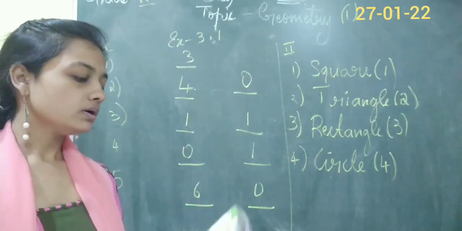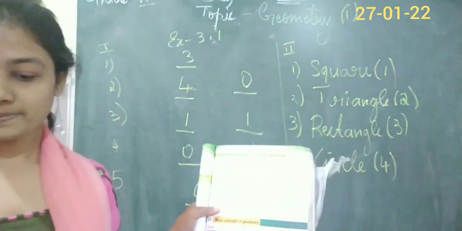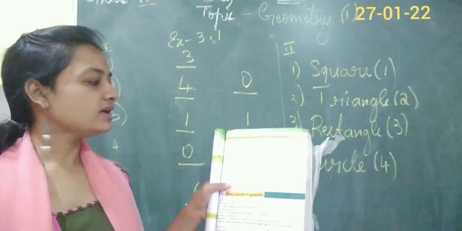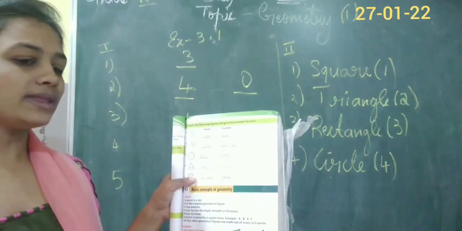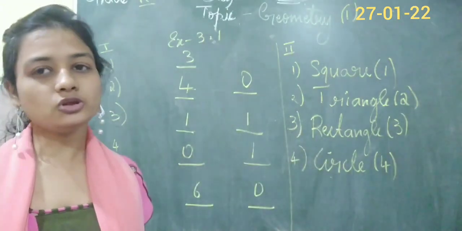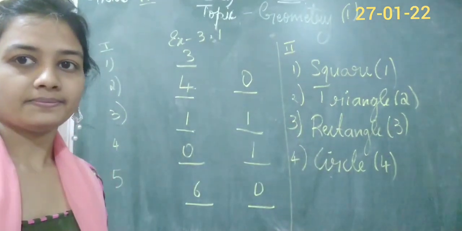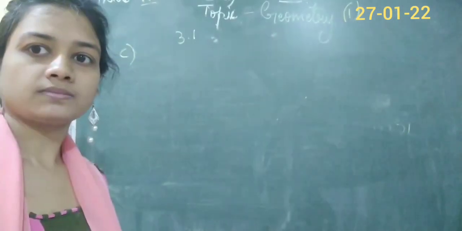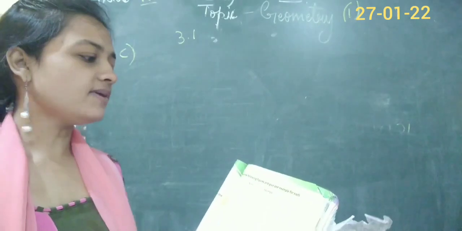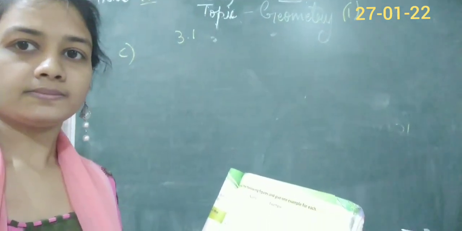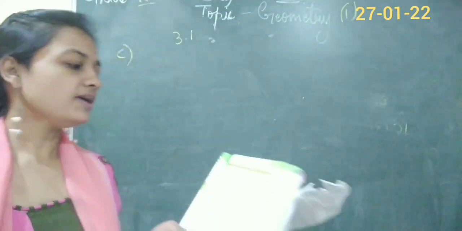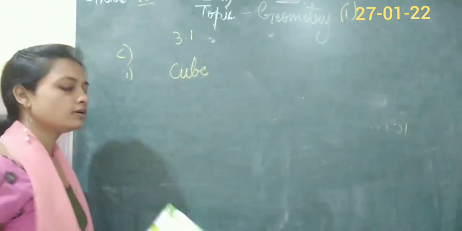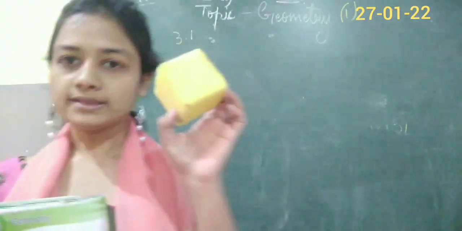So, I showed you some solid shapes, right children? In those solid shapes, you have to name the solid shapes and write one example of an object which looks like that solid shape. For the third one, the first shape is a cube. You saw this, no children? This is a cube.